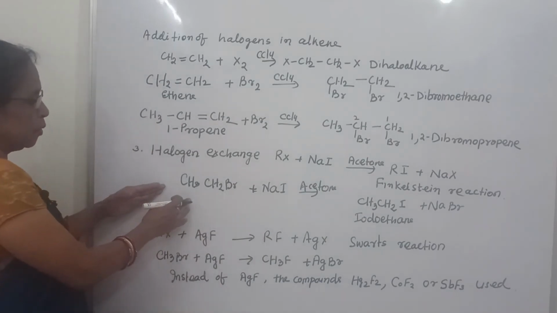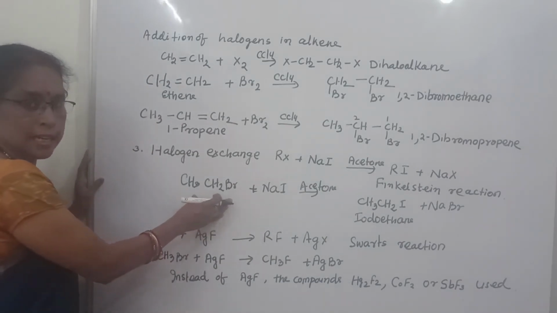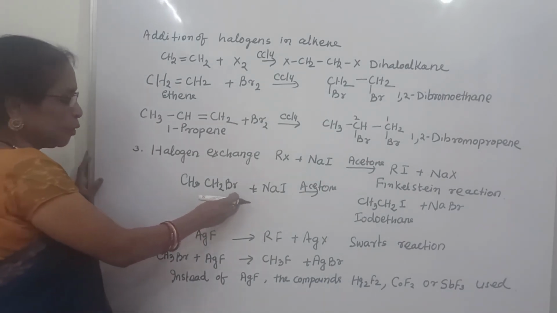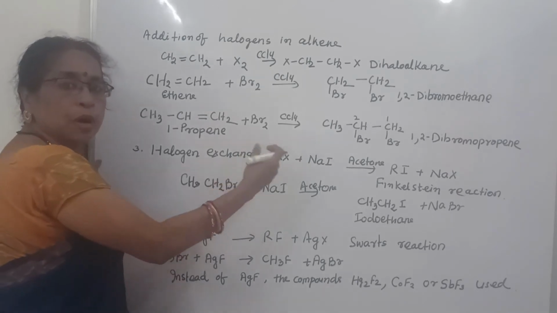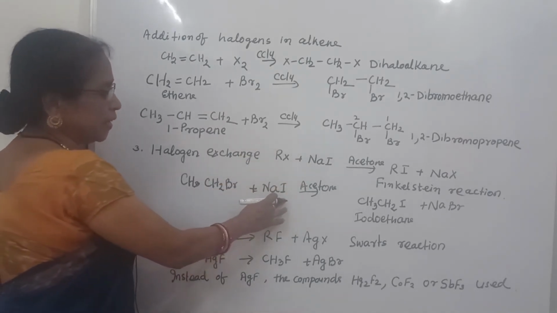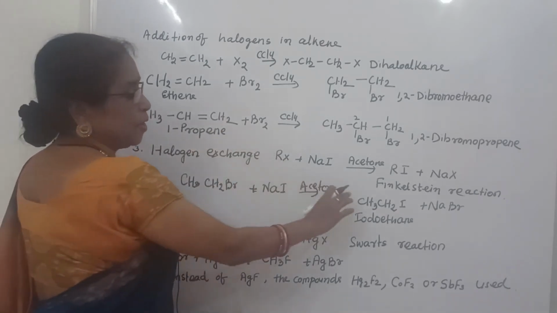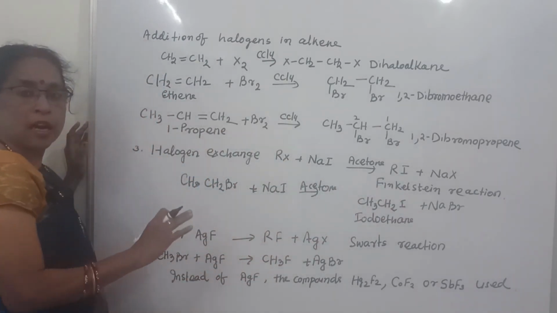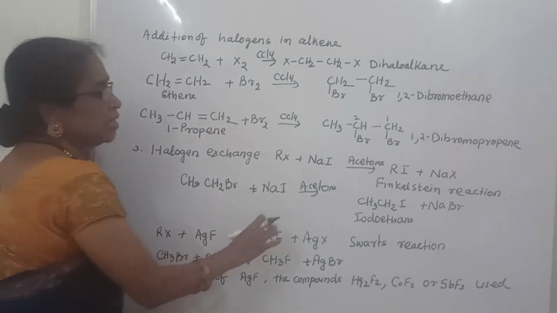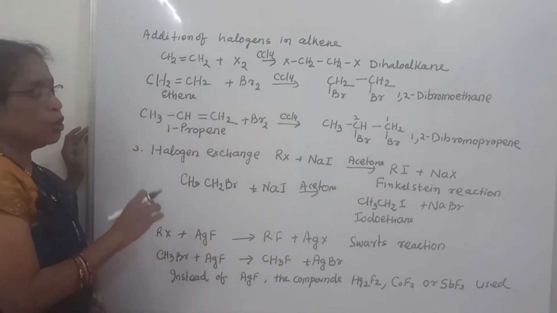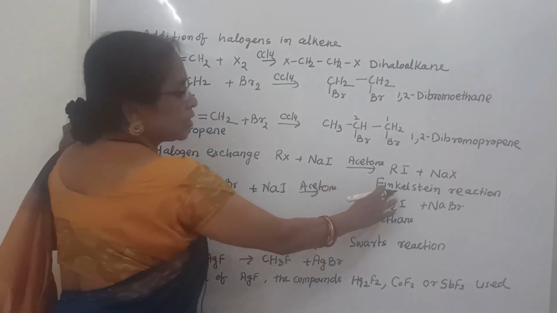Now see the example, this is ethyl bromide. It is one type of haloalkane. You want to change this bromine to iodine, so you add NaI, and this reaction is specially named the Finkelstein reaction, according to the scientist's name. So you should remember Finkelstein reaction.